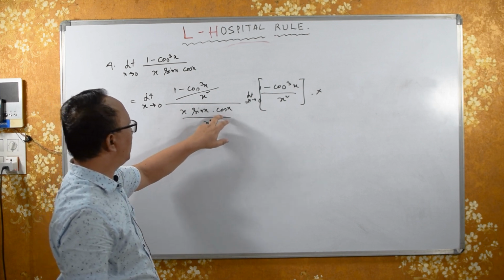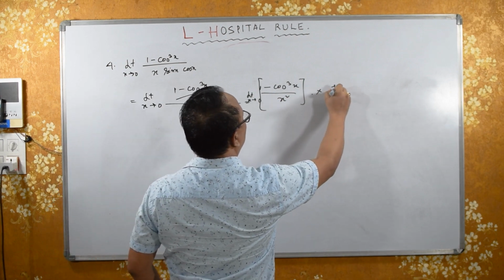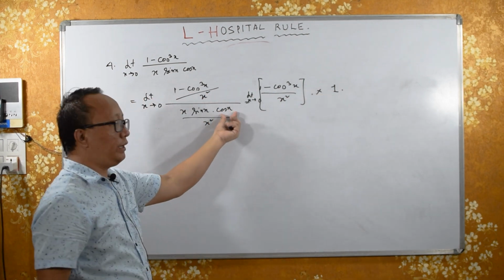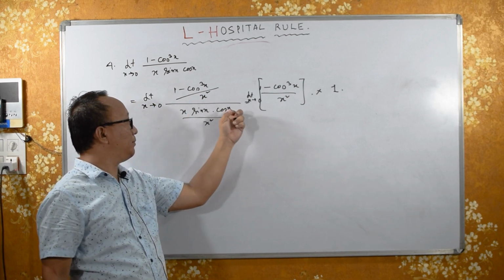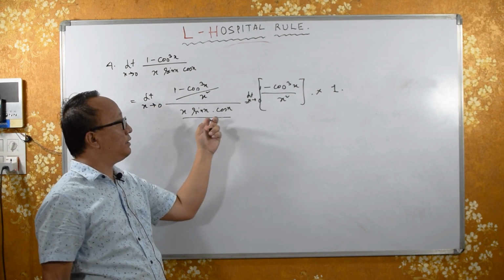And then cos x when x tends to 0 also becomes 1, into 1. We have sin x upon x, when x tends to 0, it becomes 1.